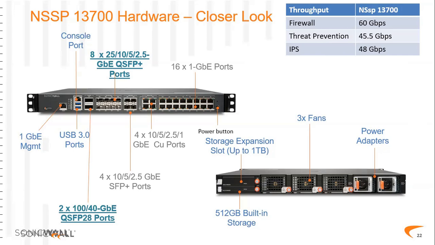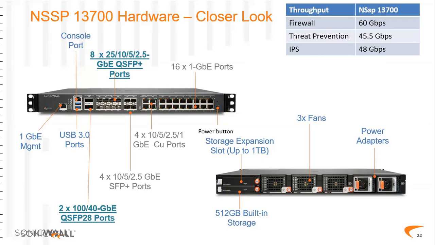And then 2 ports for 100 or 40 gigabit QSFP28 ports. And then 8 ports for 25, 10, 5 or 2.5 SFP+ ports. The storage expansion is also up to 1 TB.